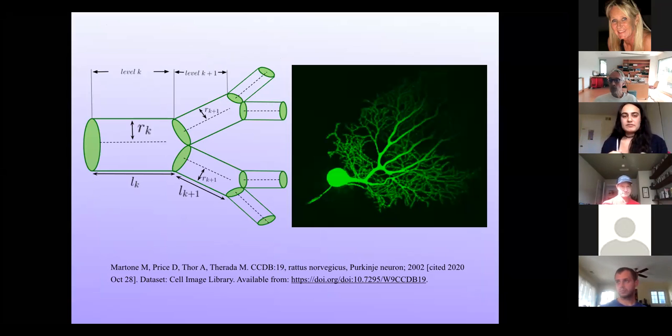Here, because the radii of the two daughters are the same, they have the same relative ratio with the parent. But if you consider different radii, you might find two different scaling ratios, and we can calculate parameters such as the average between those and the difference between them.